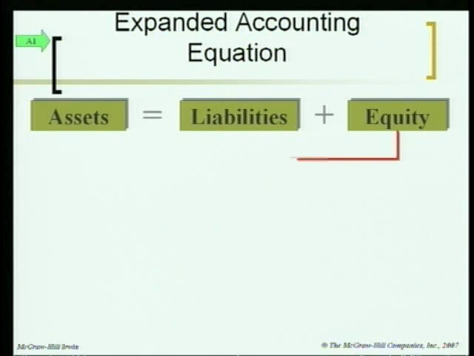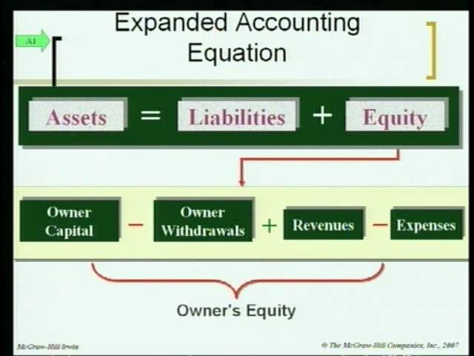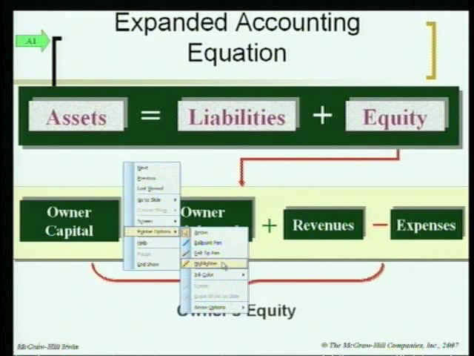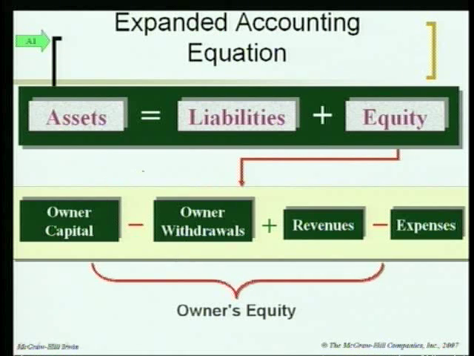So we can expand this accounting equation a little bit. The two things that decrease equity, owner's withdrawals and expenses, are subtracted.